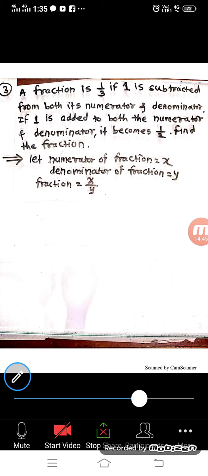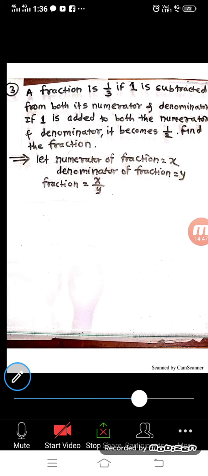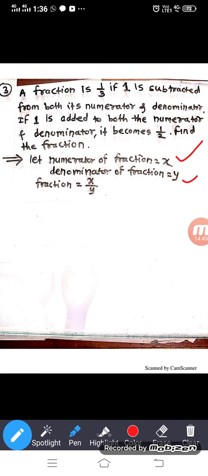Let numerator of fraction is equal to x and denominator is y, then we get the fraction is equal to x upon y. From the first condition, a fraction is 1 upon 3 if 1 is subtracted from both its numerator and denominator.